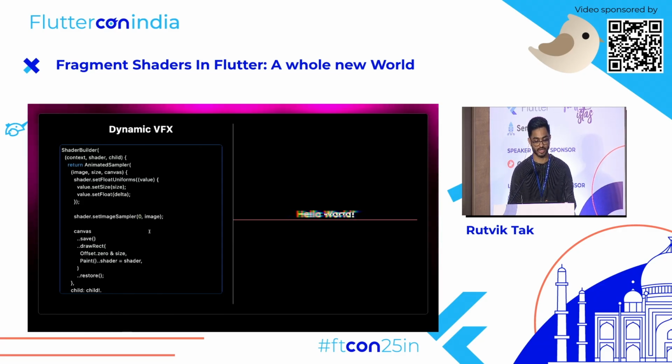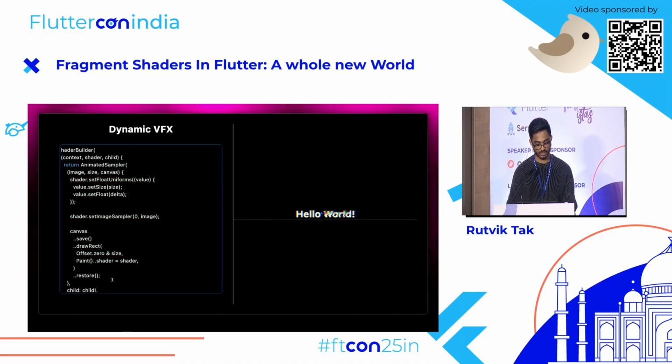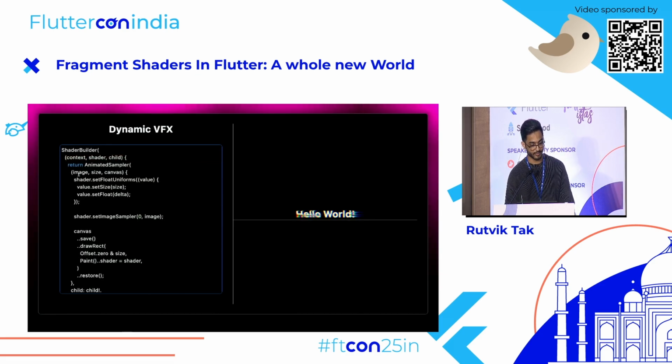So if we look at the code that the animated sampler is going through, first of all, we've got our shader instance here, and then the image, which is basically the captured texture of the child widget. We take that image as an input, and set some floating values as inputs for the shader, like the size of the screen on which you are outputting the shader, and the delta, which is the time that has passed.